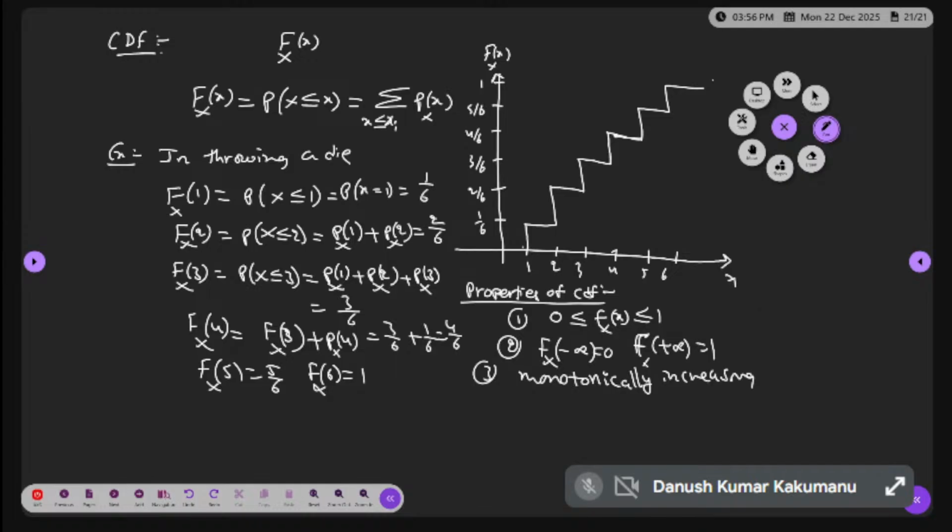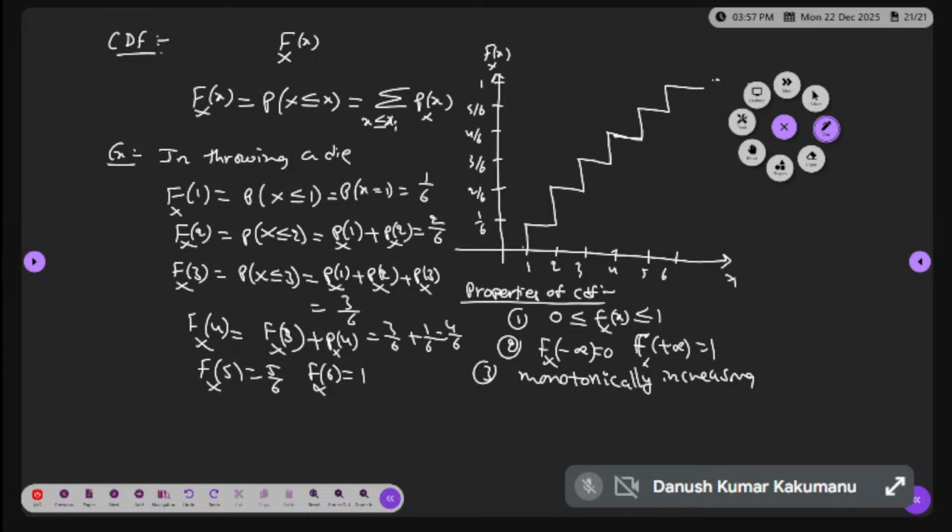It continuously increases. That is the third property of what? CDF, monotonically increasing.